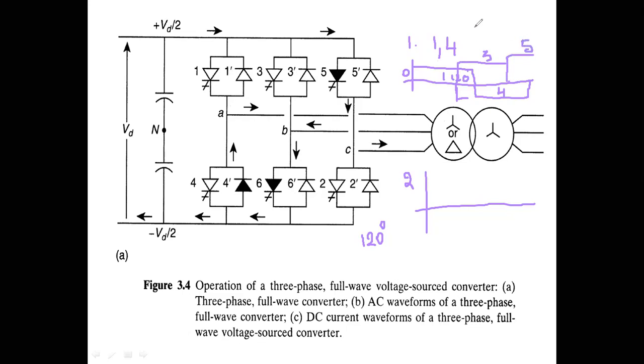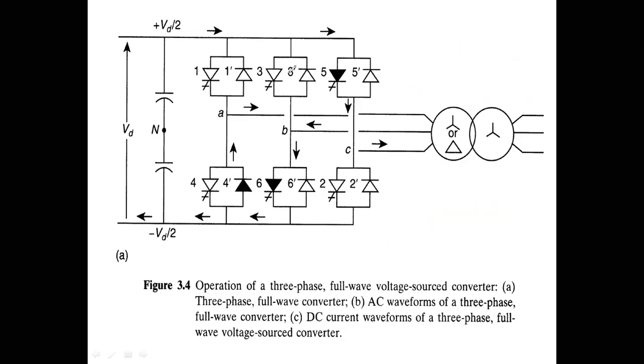Please remember these things. One is that in each leg, one turn-off device is conducting for 180 degrees, then the other is conducting for the remaining 180 degrees out of 360.